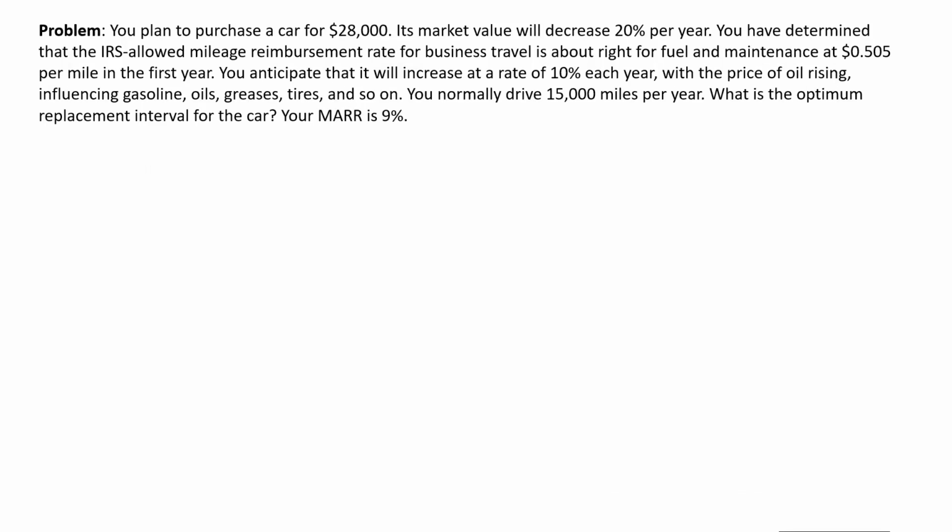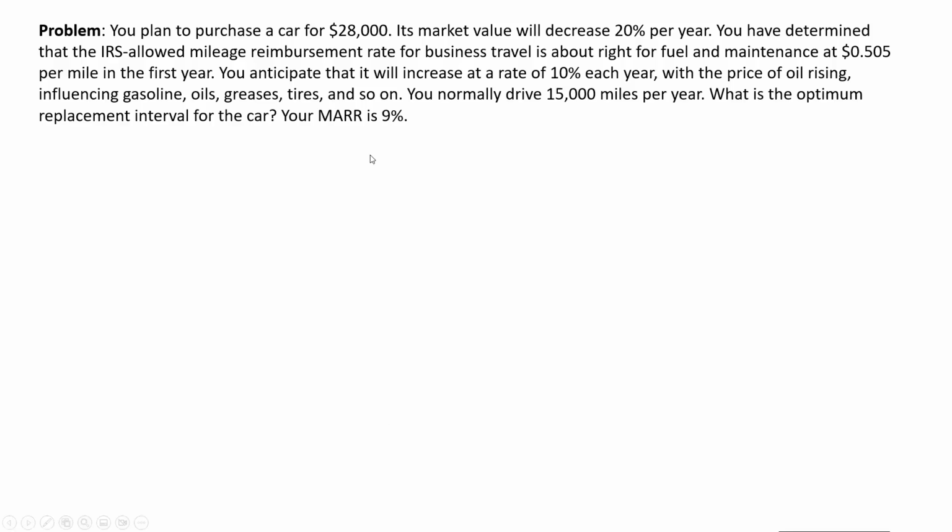All right. You plan to purchase a car for $28,000. Its market value will decrease 20% per year. You have determined that the IRS allowed mileage reimbursement rate for business travel is about right for fuel and maintenance at $0.505, basically 50.5 cents per mile in the first year.